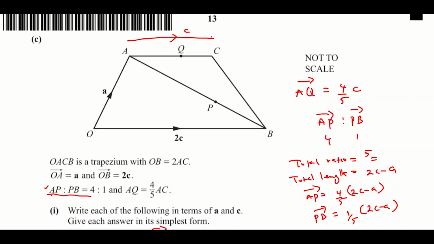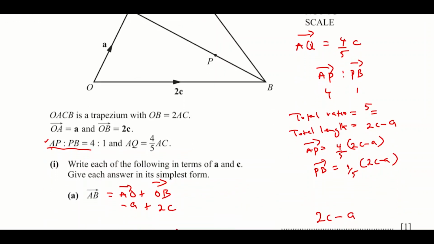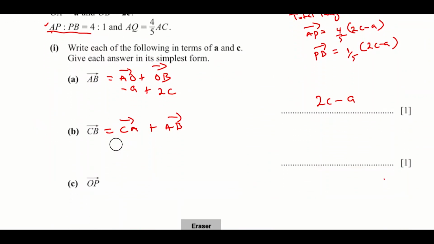CA is minus AC, so CA is the same as minus AC, then plus AB. So let's write their values now.